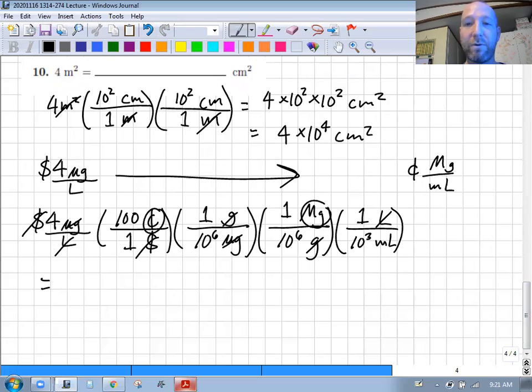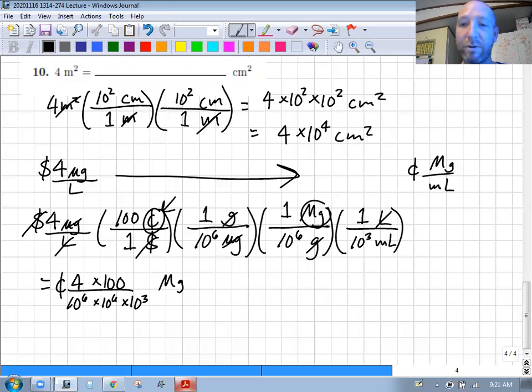So I have a 4 times 100 over 10 to the 6th times 10 to the 6th times 10 to the 3rd. That's going to leave us with our cents and then our megagrams per milliliter.